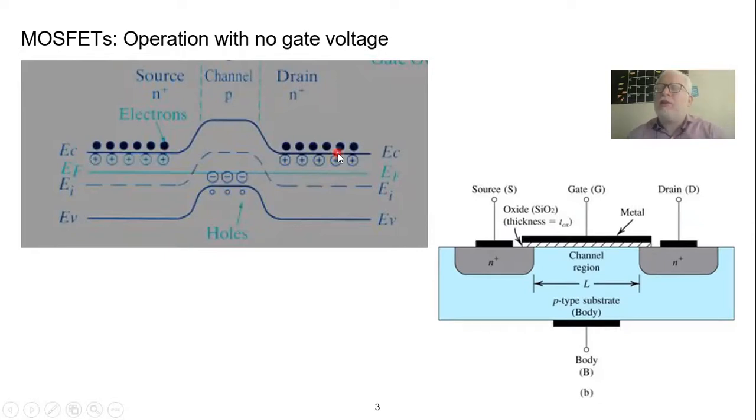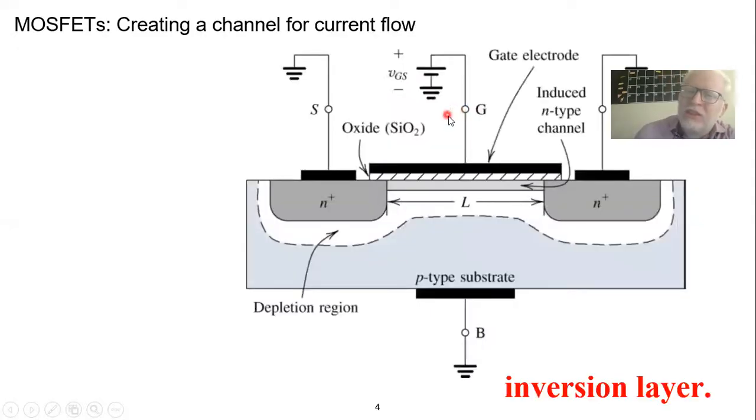Now we are going to move far from thermodynamic equilibrium, and force the electrons to move from the source to the drain, or in other words, get rid of this barrier. To do so, we have to take 2 steps. The first step is to put a positive voltage on the gate.